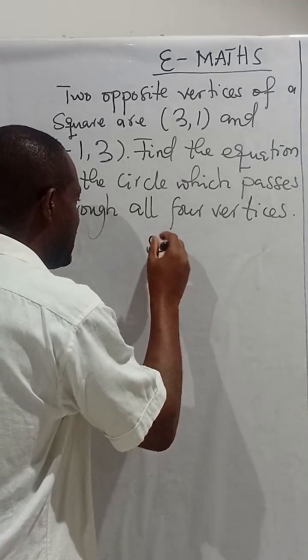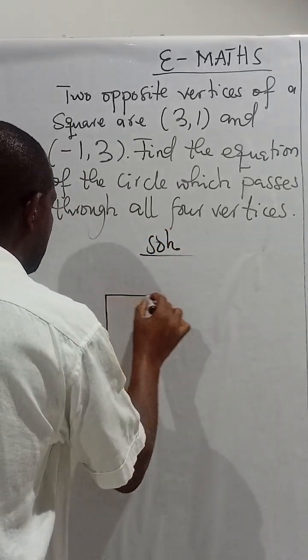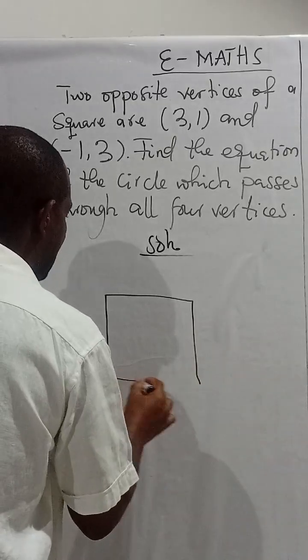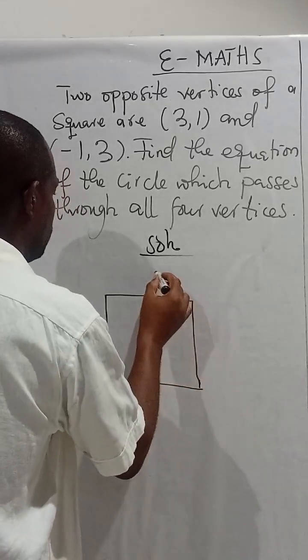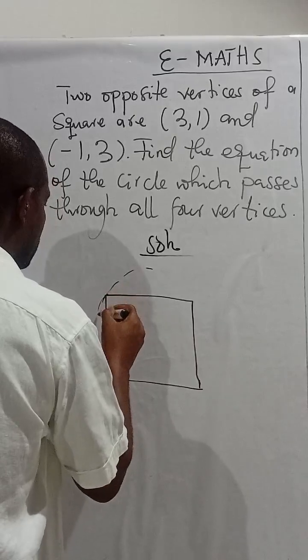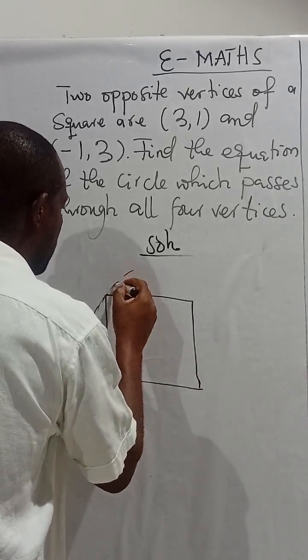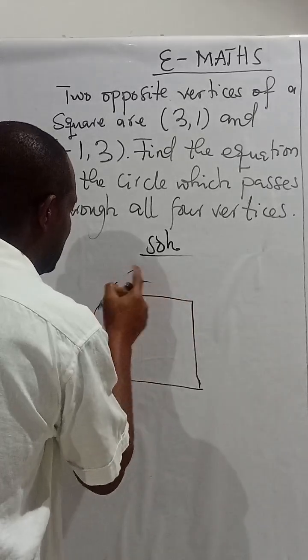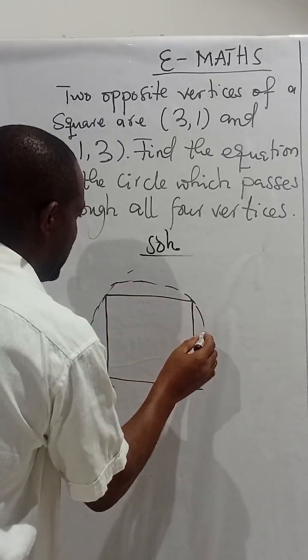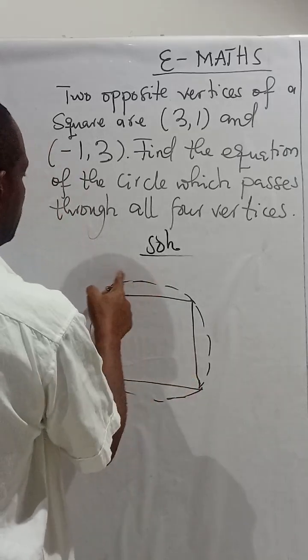So let's start. We say that it's a square and that the circle passes through all four vertices. This is a sketch, so you don't need to construct.